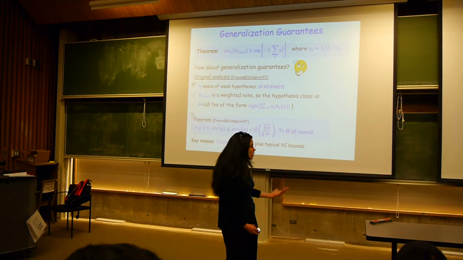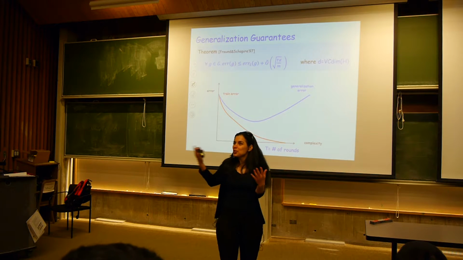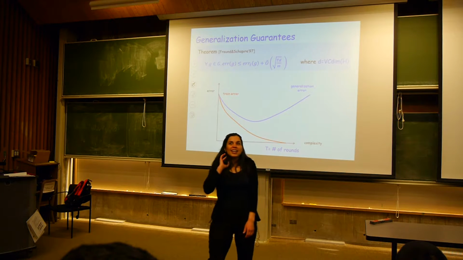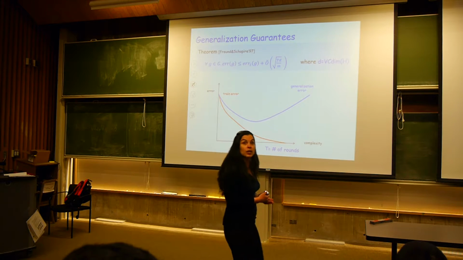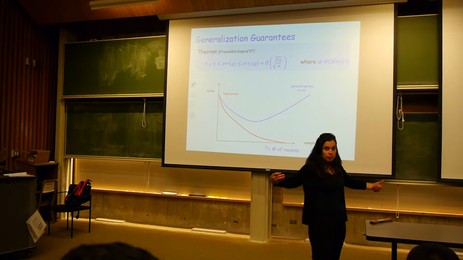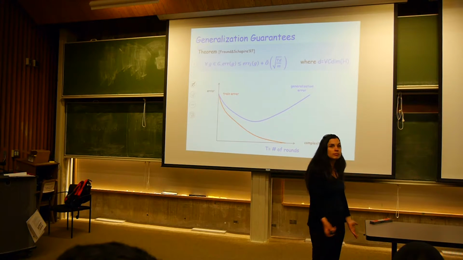But now, if we think about this bound, and about our favorite picture, as we've seen in lecture number 1 and then in the learning theory lecture 2, what do we expect to happen? We expect that as we increase the number of rounds of boosting, we have a more and more complex classifier, and the training error is going to go to 0.